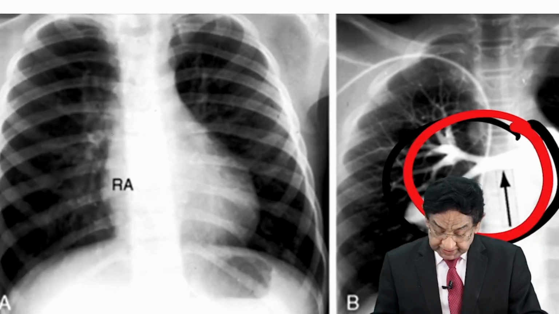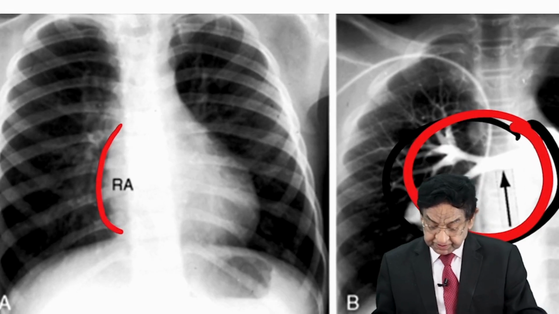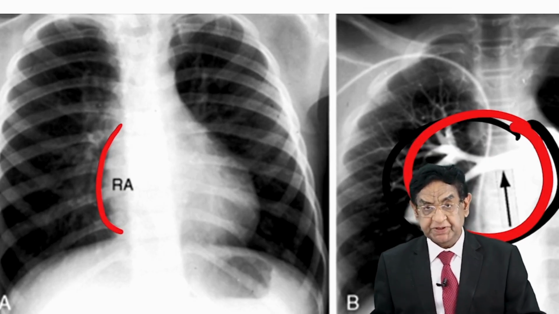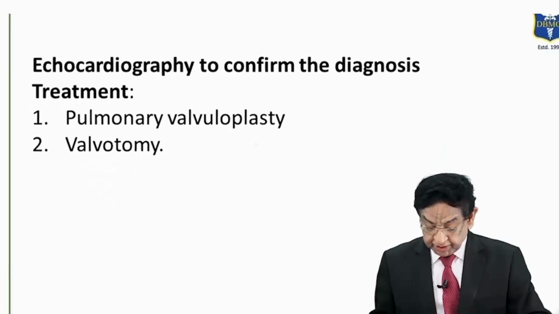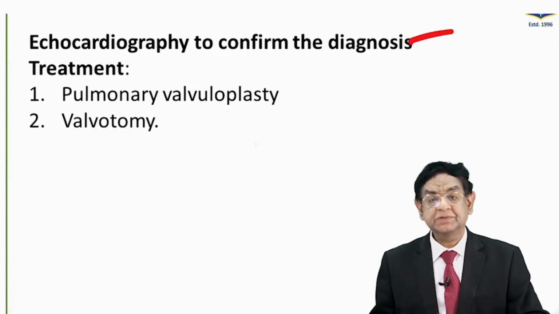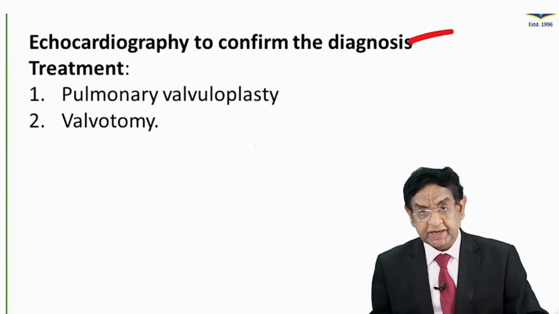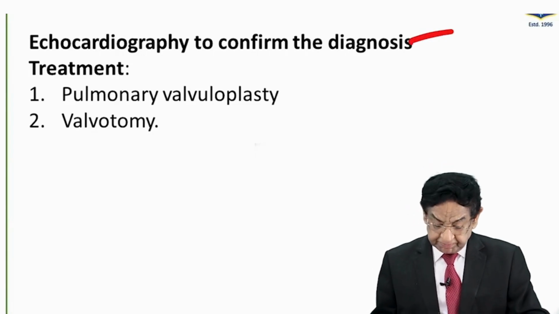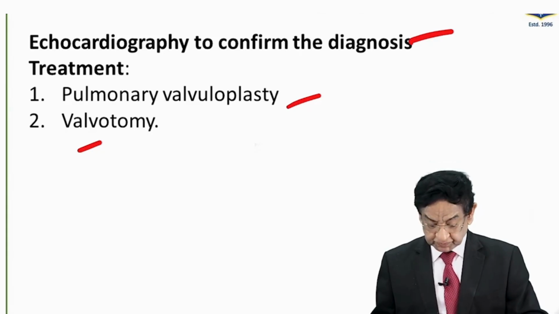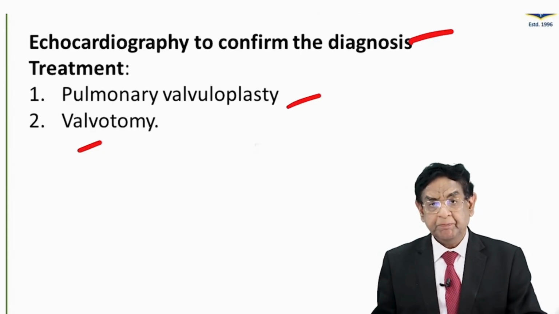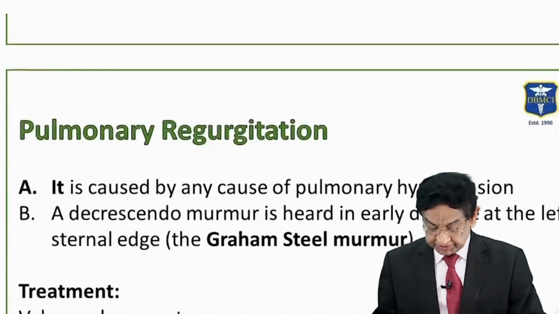You get right atrial enlargement that we can see in these patients. Well, echocardiography is definitive to diagnose, as usual for all valvular heart disease. Treatment is valvotomy or valvuloplasty depending on what the problem is. Okay. So this is about pulmonary stenosis.